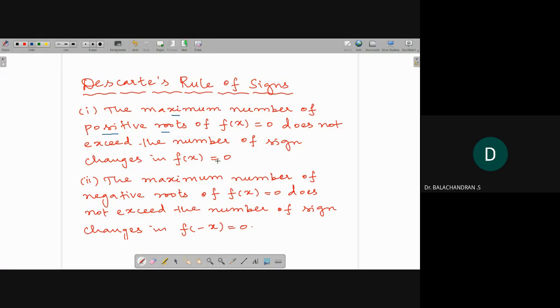Sign changes means the coefficients of f of x. Similarly, the next one: the maximum number of negative roots does not exceed the number of sign changes in f of minus x. So you should know these two rules.